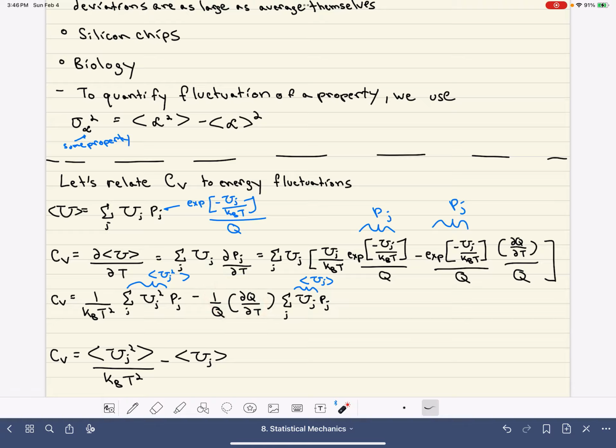If we take those derivatives and use the partition function, the dQ/dT term would look like this: exponential of minus Uj over kBT over Q. Of course, we can recognize that this is just Pj again.